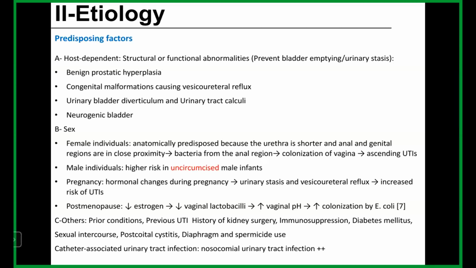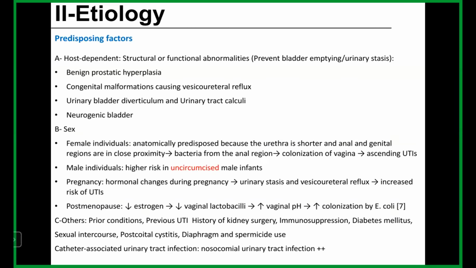It means that the patient was healthy, but with time developed some clinical issues like benign prostatic hyperplasia, congenital malformation, urinary bladder diverticulum, urinary tract calculi or neurogenic bladder. These people have a high risk of urinary infection.